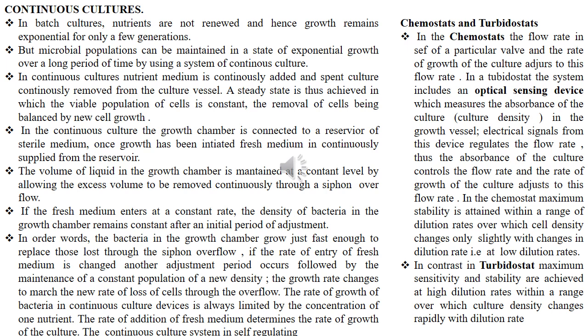This continuous addition of nutrient medium and removal of spent culture results in the achievement of a steady state in which the viable population of cells is constant, because the removal of cells as the exhausted nutrients are removed is balanced by new cell growth from the addition of nutrients.